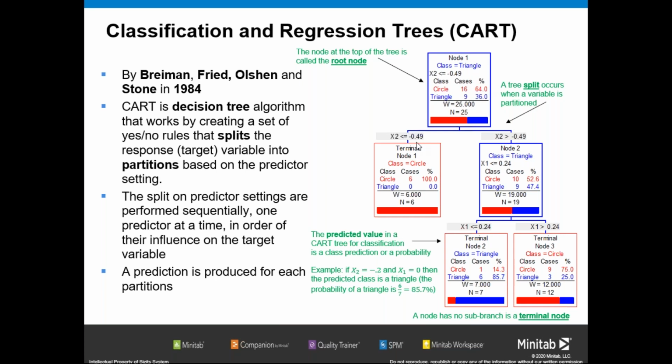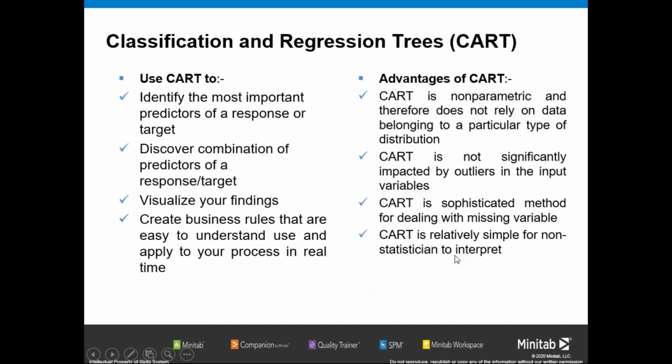So this is the first splitting, second splitting. In your mind now, you need to know what is a root node, what is the tree splitting, and what is the terminal node, and that the information in the terminal node is the predicted value.